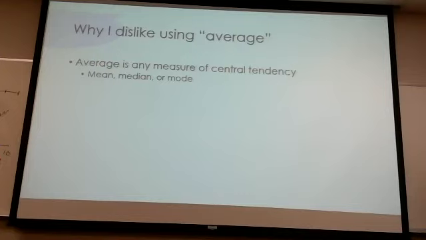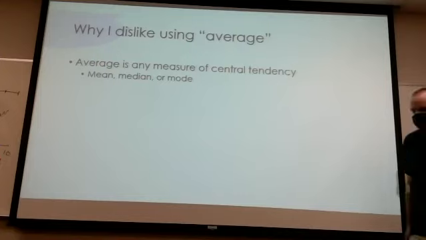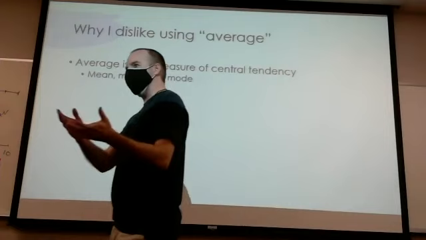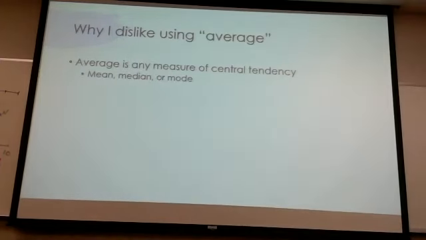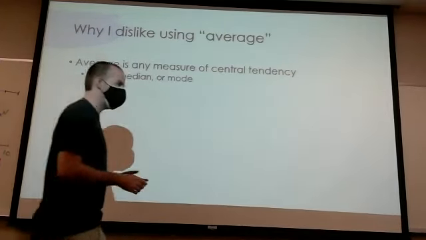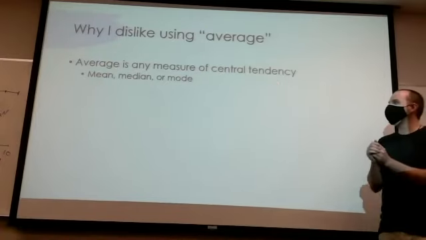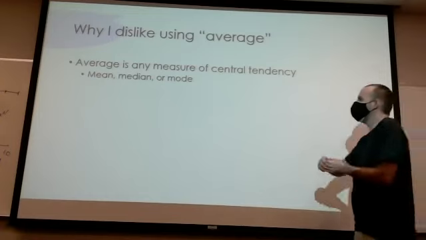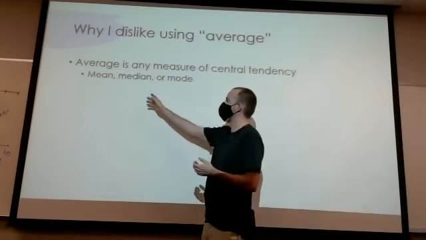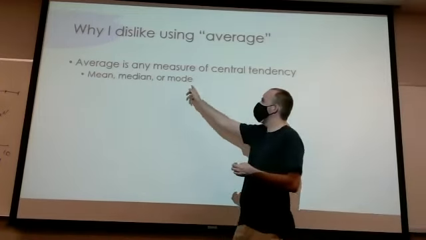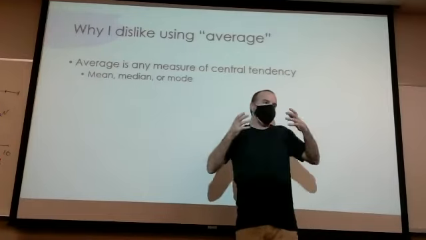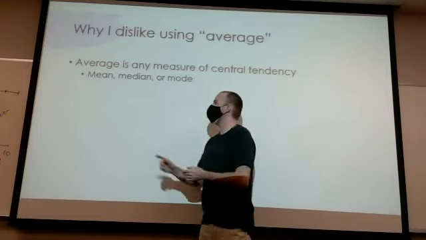A few comments here. So in Excel, they call that an average. I don't like to use the word average in a scientific presentation, because the average, the technical definition is any measure of central tendency, and there are at least 3 measures of central tendency: the mean, the median, and the mode. So if someone just says I calculated the average, they might mean they calculated the mean.